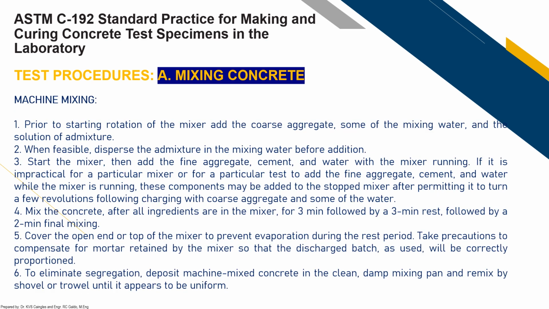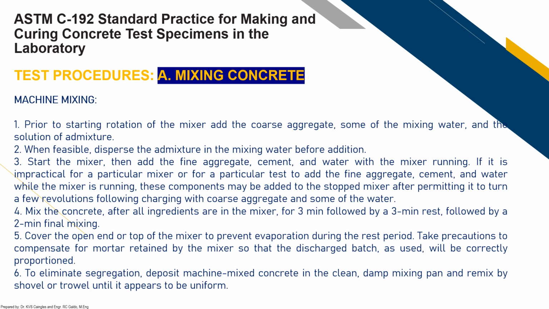There are two methods of mixing our concrete: machine mixing, or mixing through the use of machines or equipment, and hand mixing, which is manual mixing by the use of hand. Both methods have step-by-step standard procedures provided by ASTM.